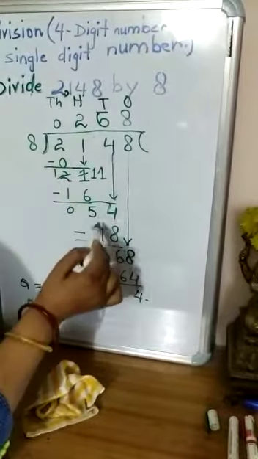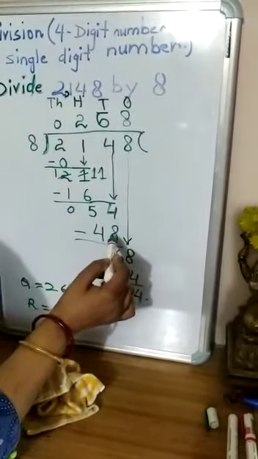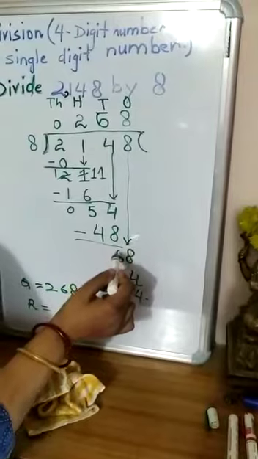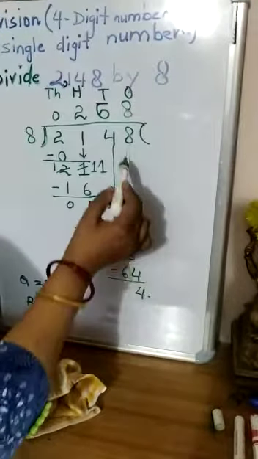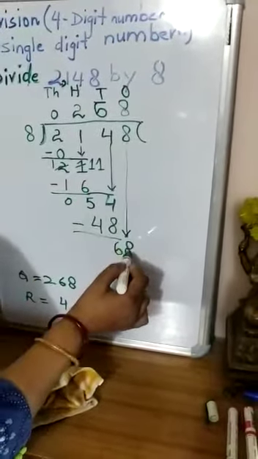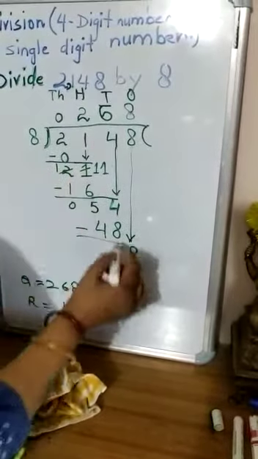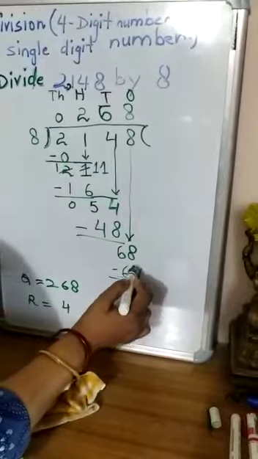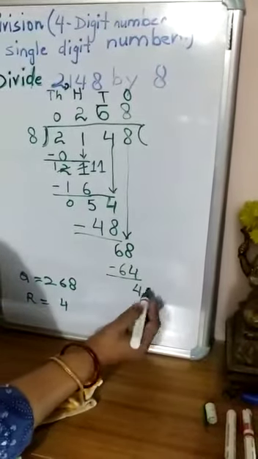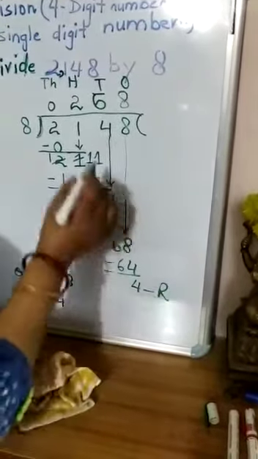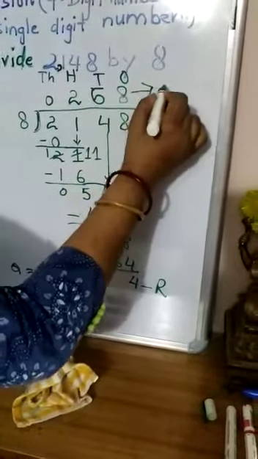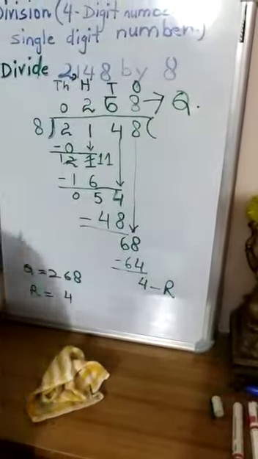So 8 6s are 48. 54 minus 48 is 6. And then I will put down this 8 along with 6. It will become 68. Now 8 8s are 64. 68 minus 64 is 4. So this 4 is the remainder and this 268 is the quotient.